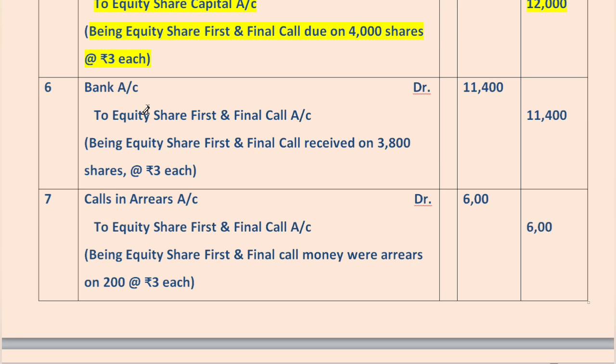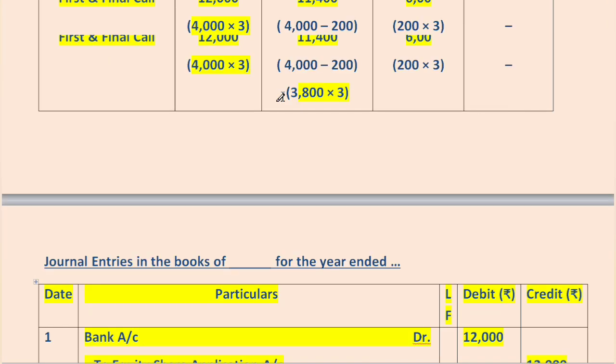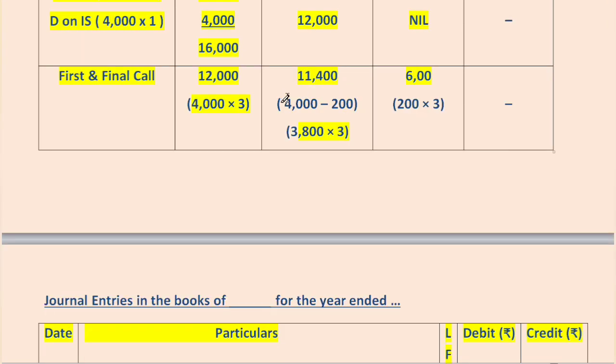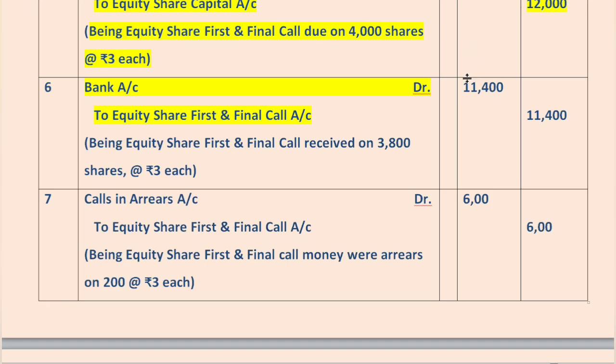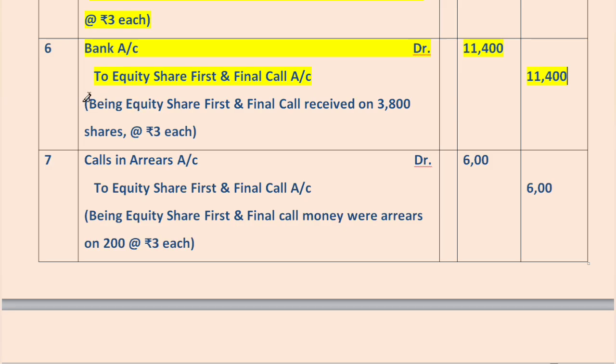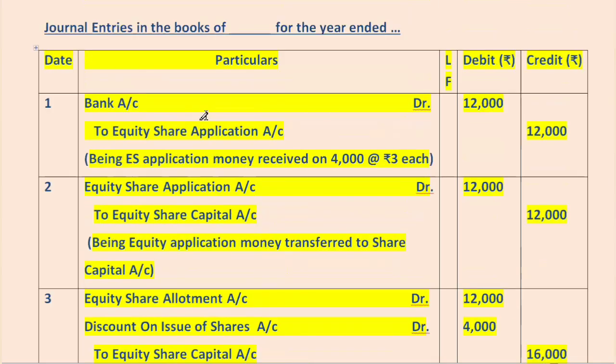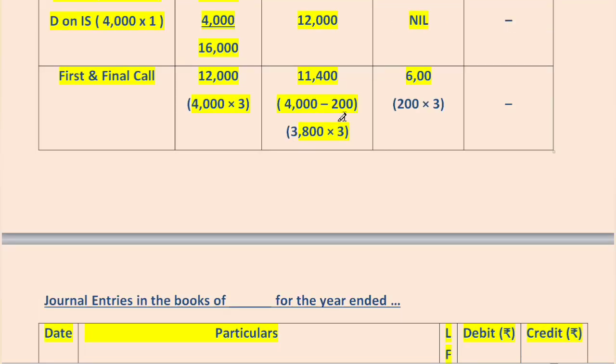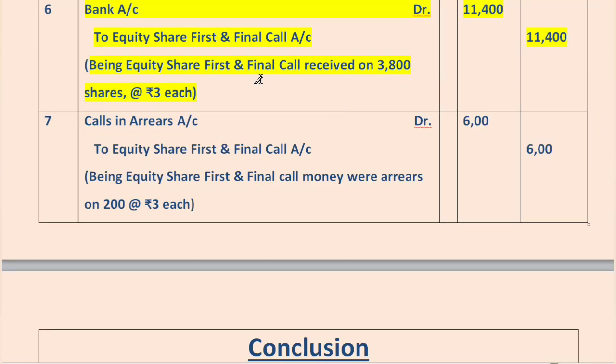Now who receives that amount? Bank. Bank account debit to equity share first and final call account, 11,400. Being equity share first and final call money received on 3,800 shares at rupees 3 per share.